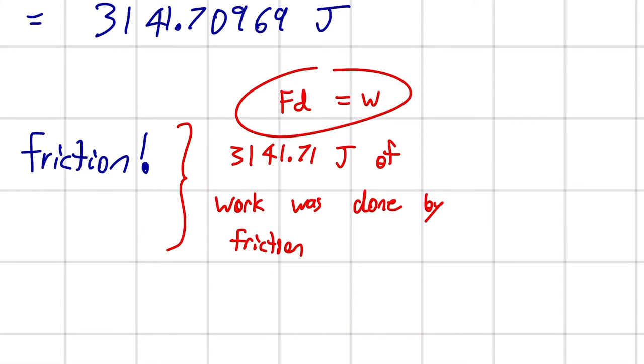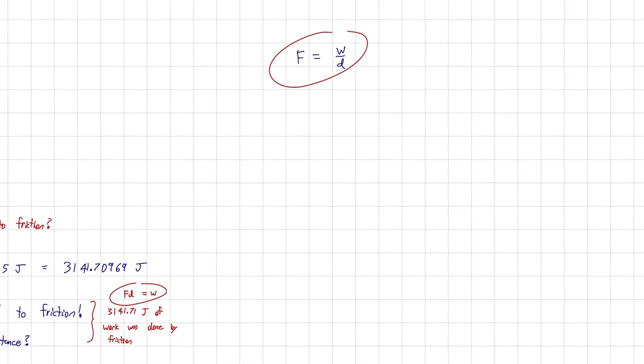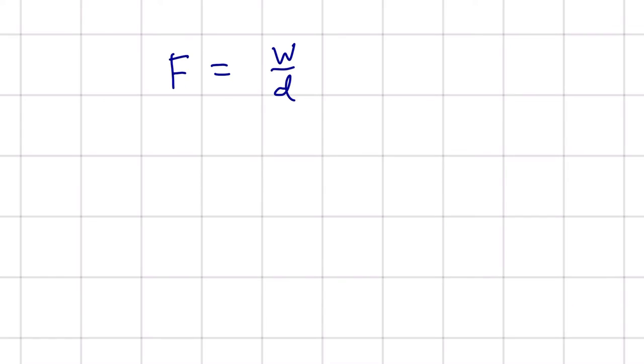Using this formula, it's the same formula, just written in terms of F instead of in terms of W. So the force of friction is equal to the work done by friction over the distance that the friction was acting for.